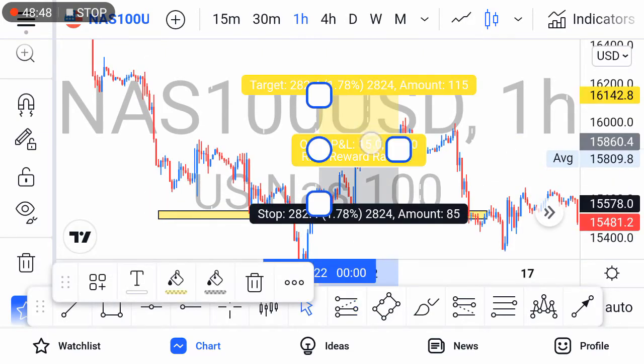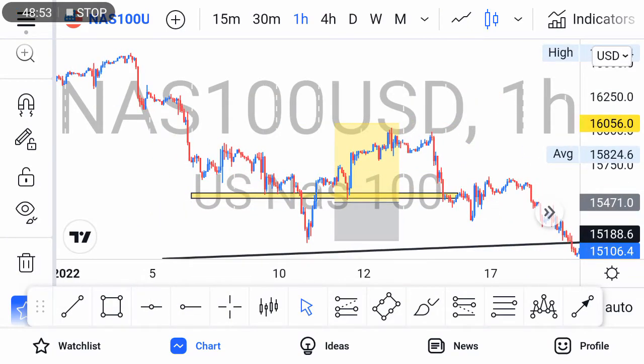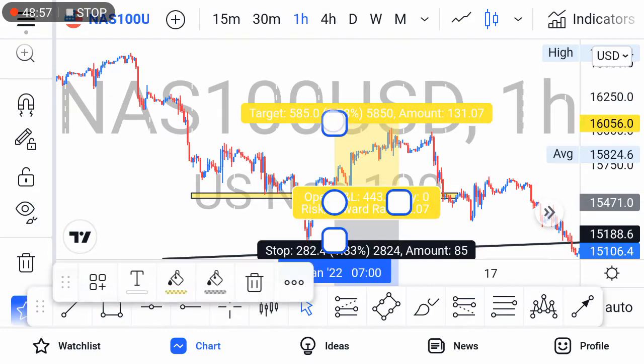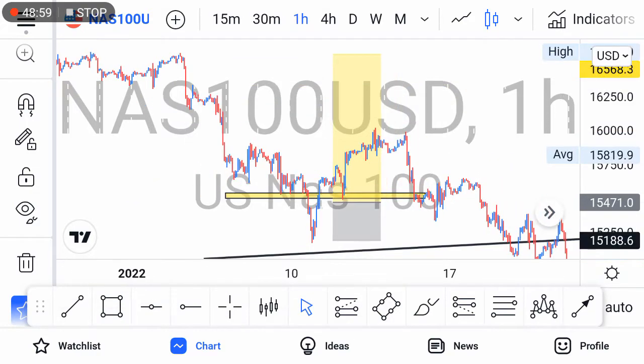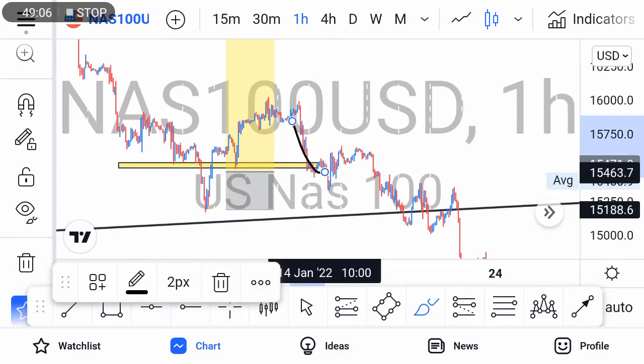We enter here. Okay, we're expecting a falling channel, which we didn't have here. Market went and stopped us out.